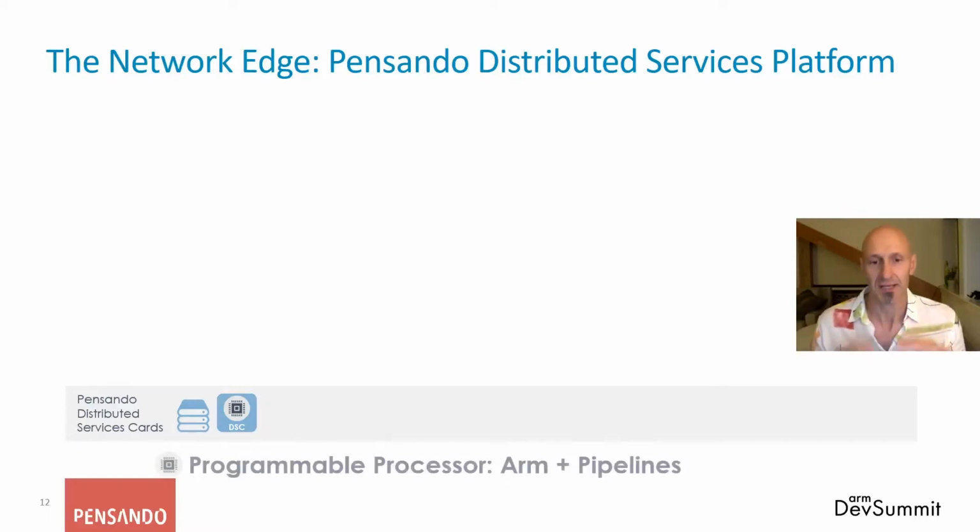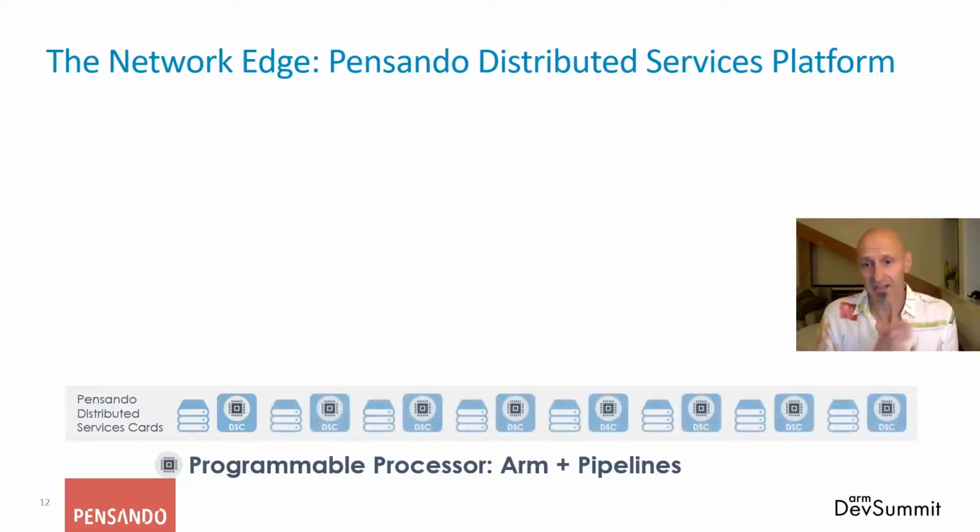This card includes a programmable processor that contains both ARM cores and application-specific processors organized in a pipeline. We'll get back later to why this card is programmable and why we have these kinds of processors. But let's first see what's the idea behind this platform and how it addresses the challenges that we have discussed before.